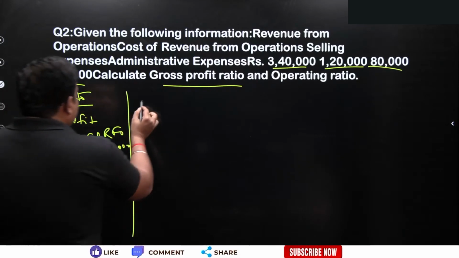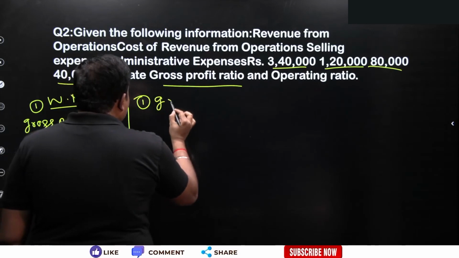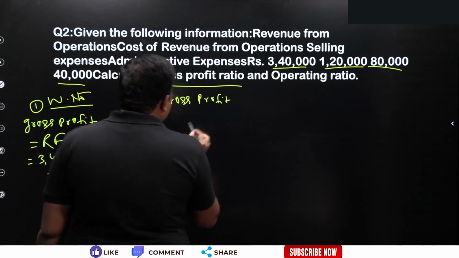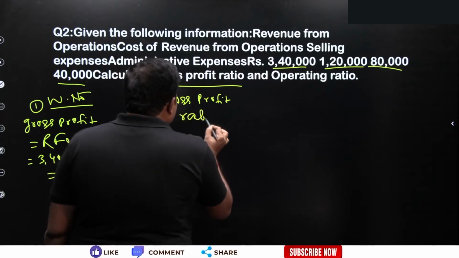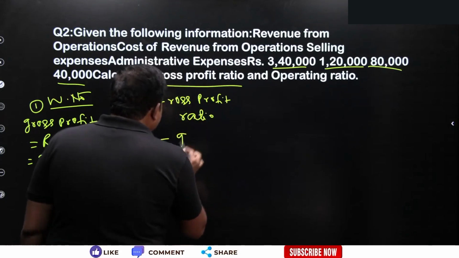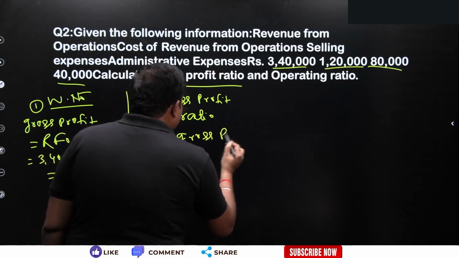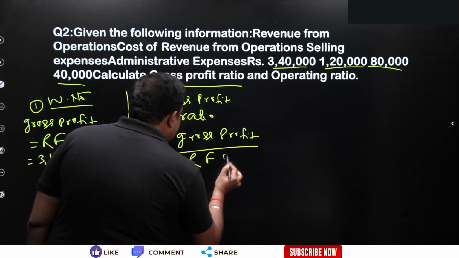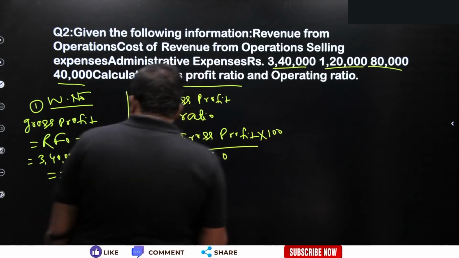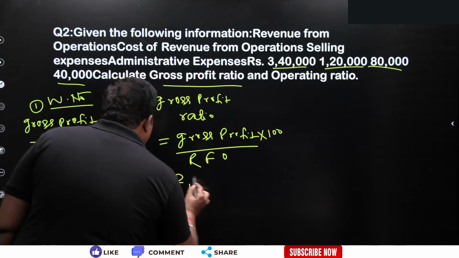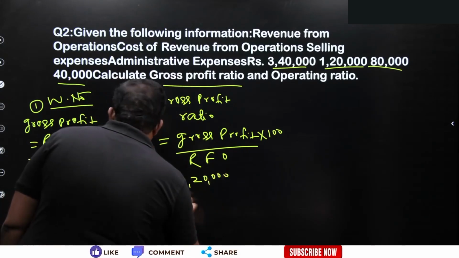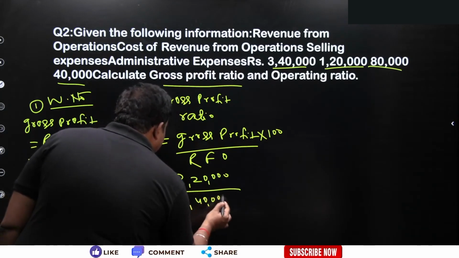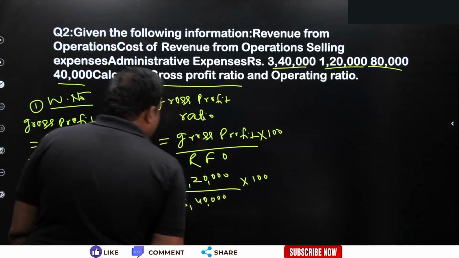Okay, so in order to ascertain the gross profit ratio, we can just put into the formula. The formula is gross profit upon revenue from operation into 100. So here the gross profit is 2,20,000, revenue from operation is 3,40,000, into 100.